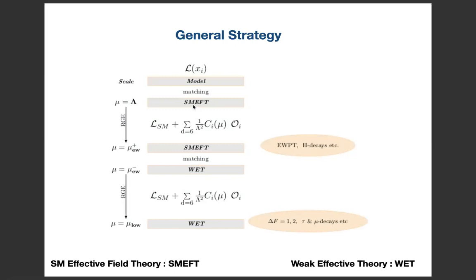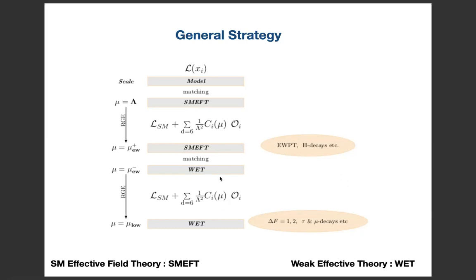Then we have to run these operators down to the electroweak scale using the RG equations, which are calculated by the group of Manohar and others. At the electroweak scale, we have to match the SMEFT onto weak effective theory, because electroweak symmetry is broken, and then we have a totally new effective theory with a different symmetry.